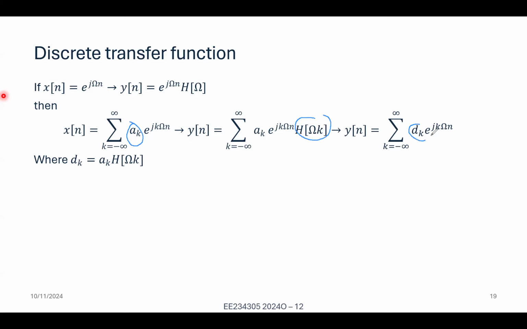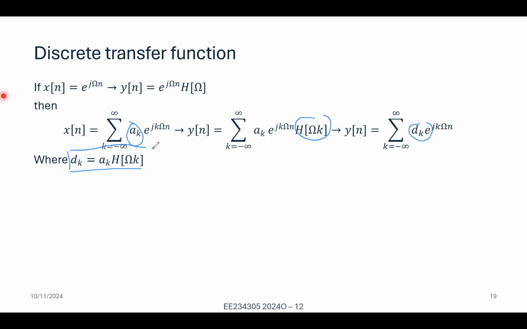So we have the Fourier series coefficient for the output, dk, and it turns out that dk is basically ak times the transfer function h of k omega.